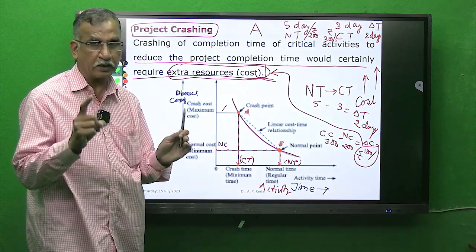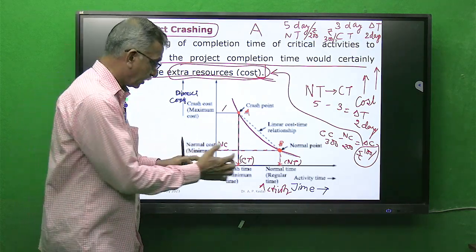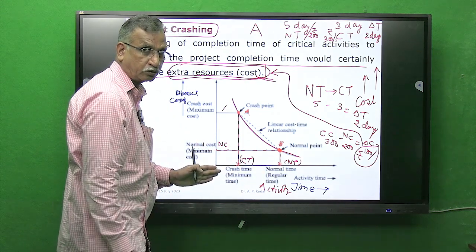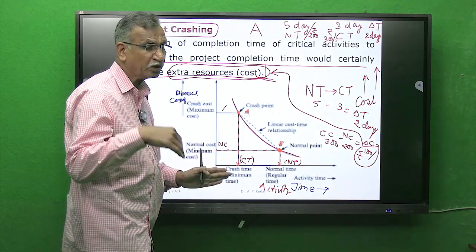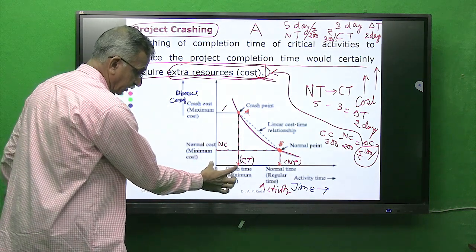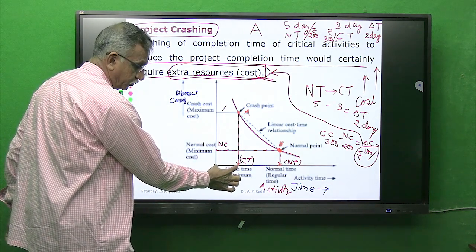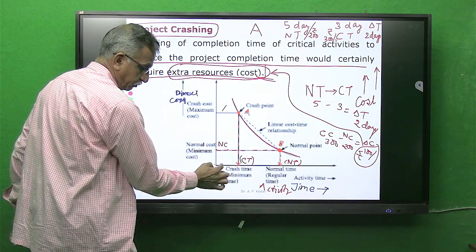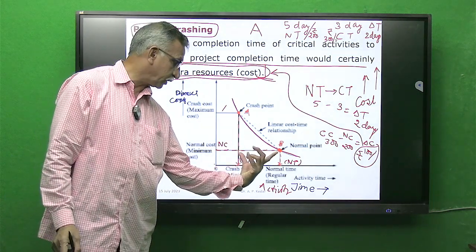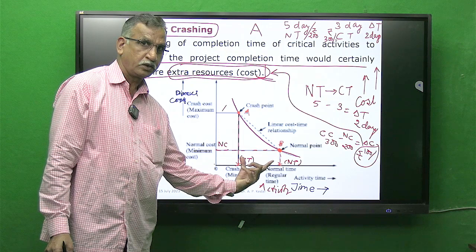Again, get it very clear that this is the normal duration which you need to perform that activity. If possible, by some means, you can complete this particular activity during this time period from 0 to this point, which means you have crashed this activity by this duration.